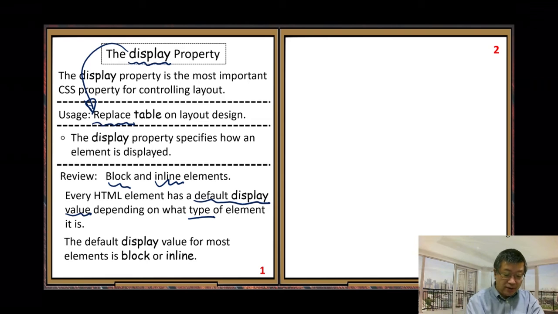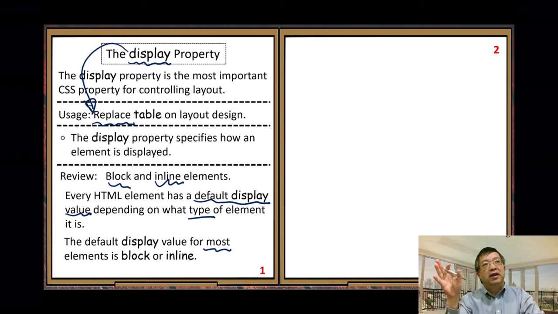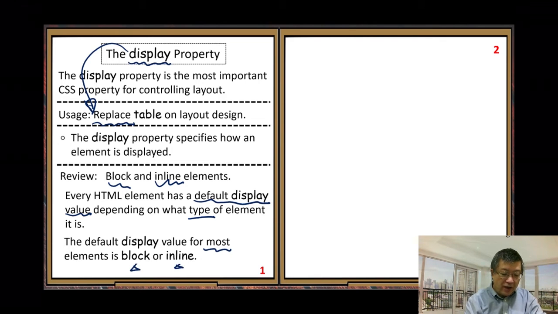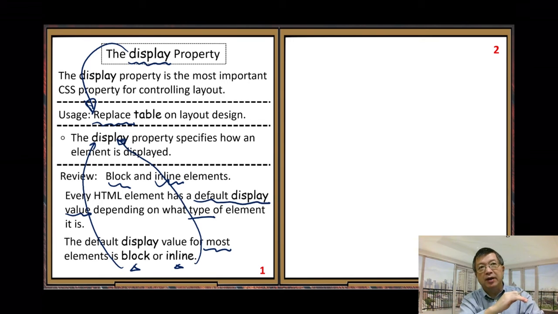Most, okay? Not all, most, block or inline. Then you may have some other property values. Block and inline are two possible values for the display property, but later we will see we have other values we may use.